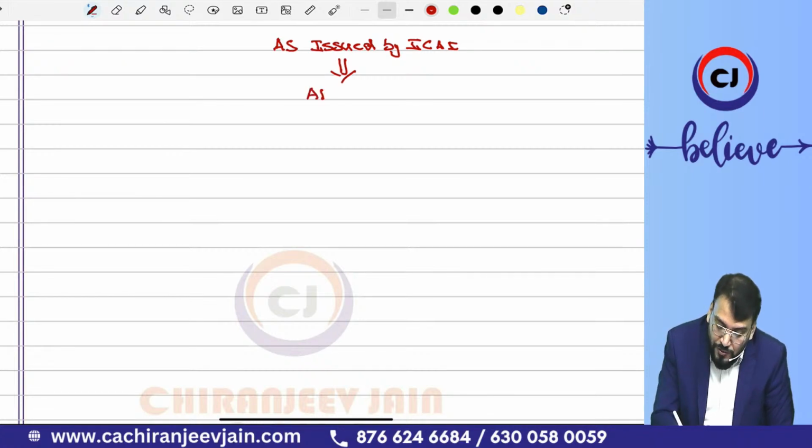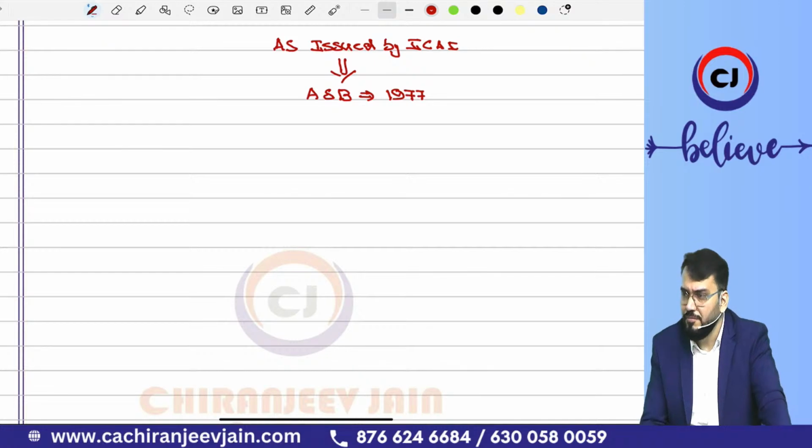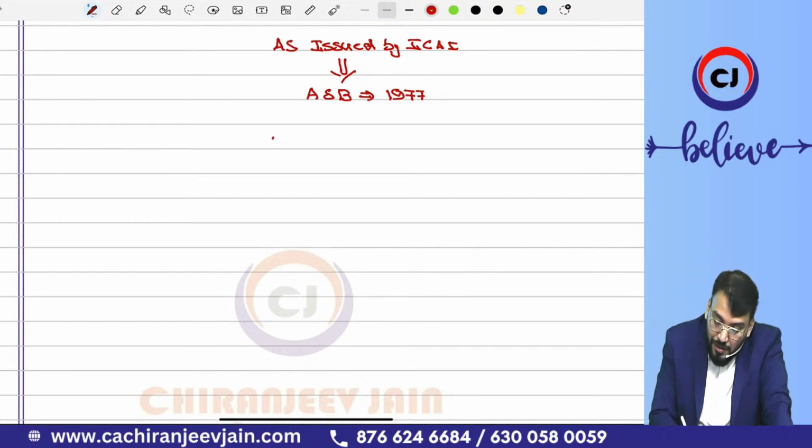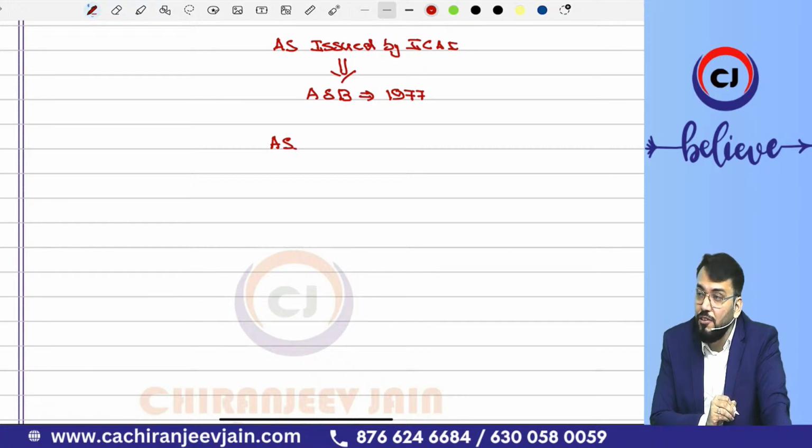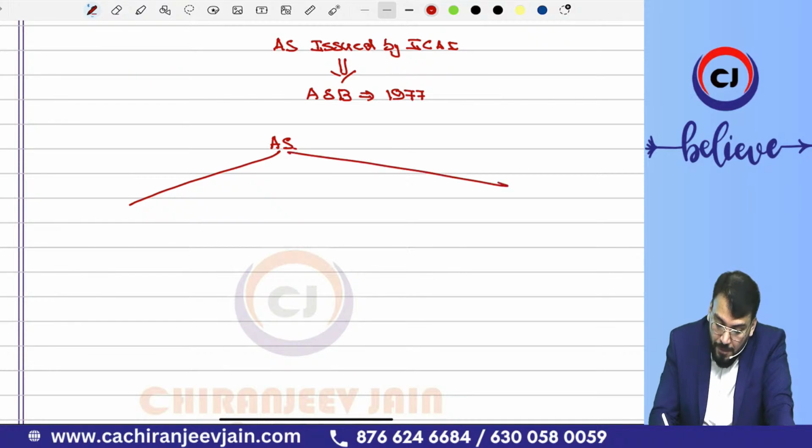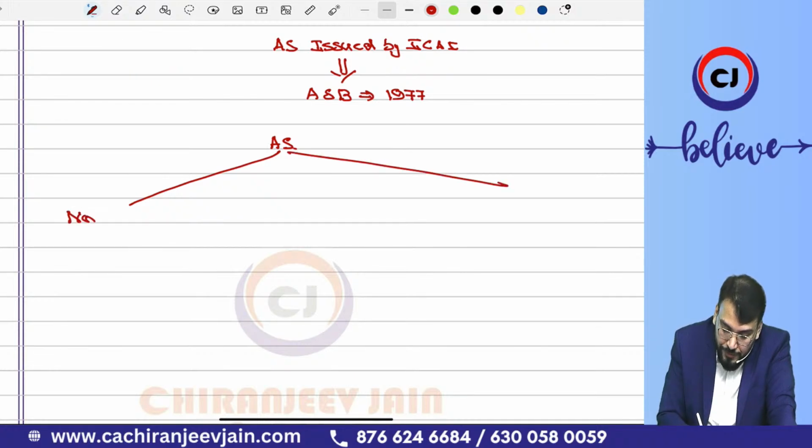The Accounting Standard Board was formed in 1977, I think so, not required. Now, as per application of accounting standards, there are three sets of accounting standards. One is for non-corporate.